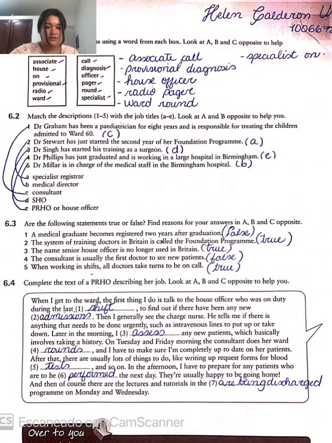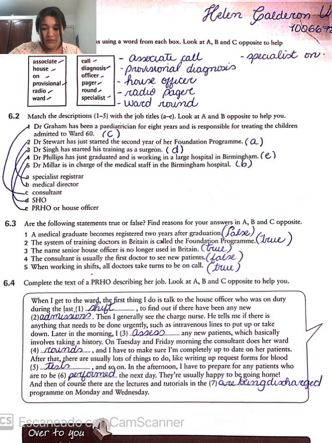Match the descriptions with the job titles. Look at A, B, and C opposite to help you. Specialist registrar goes to Dr. Sweetwater, who has just started the second year of the foundation program. Medical director goes to Dr. Miller, who is in charge of the medical staff in Birmingham's hospital.